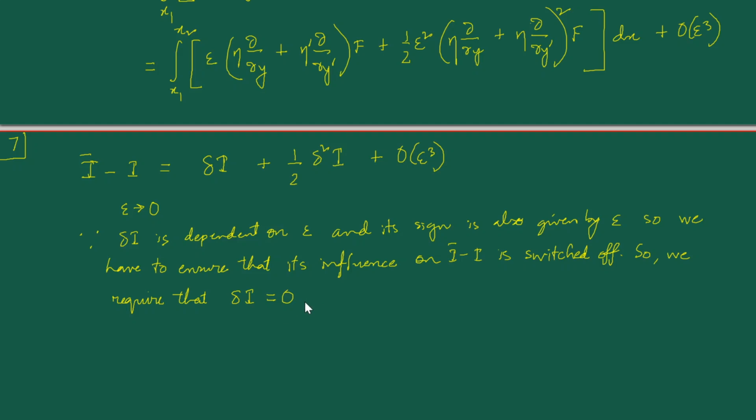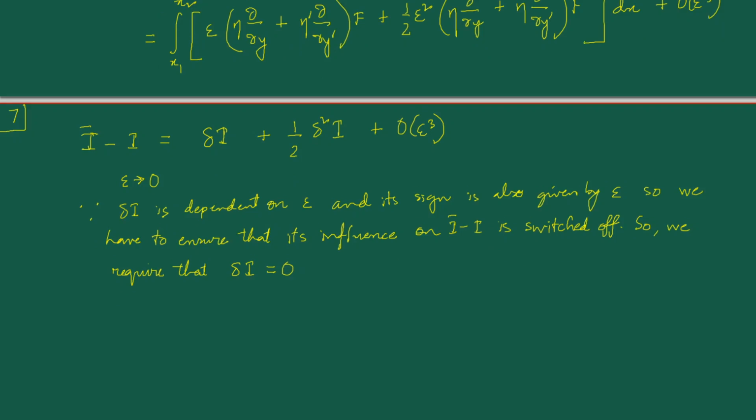And further on, exploring the same kind of idea from the extremization of functions, if we want to really ensure that I bar minus I is indeed greater than 0, then all that we have to ensure after ensuring that delta I is equal to 0 is to say that delta square I must be greater than 0. Now that is something which we won't require in most of our discussions of advanced mechanics of solids, so we'll relegate it for some future discussions.